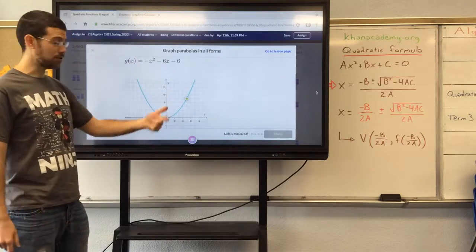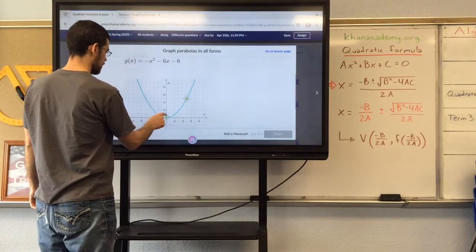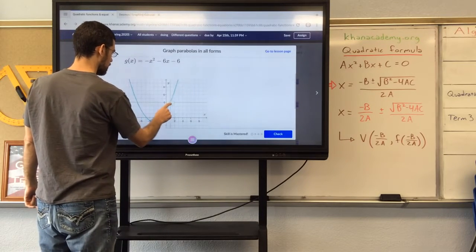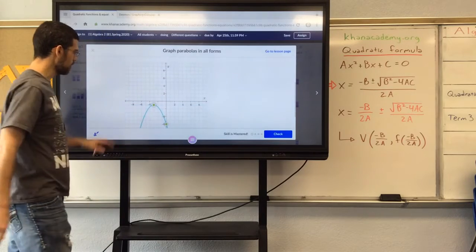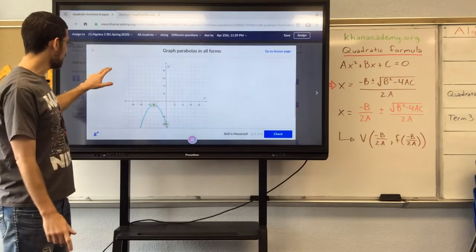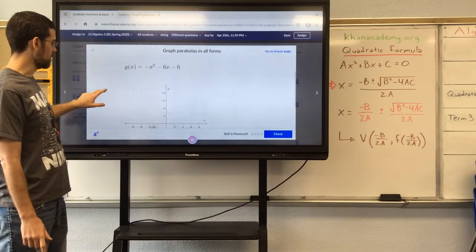So when x is 0, y is -6. So we'll put that there. We're assuming that it's not the vertex that lands there.